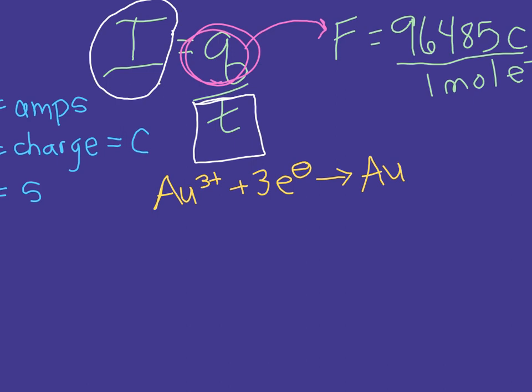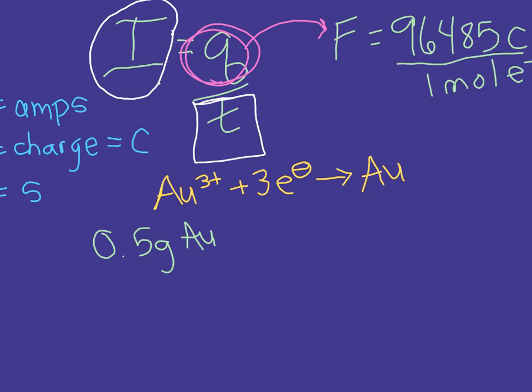Okay? So I want to make 0.5 grams of gold. And all these equations here, this is the stoichiometry of electrochemistry. So we have 0.5 grams of Au that we want to make.